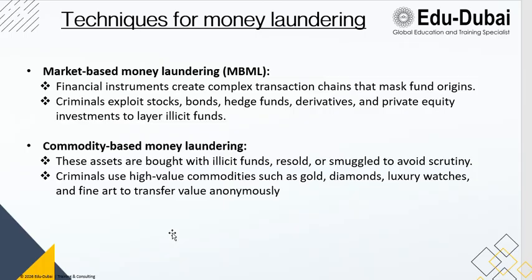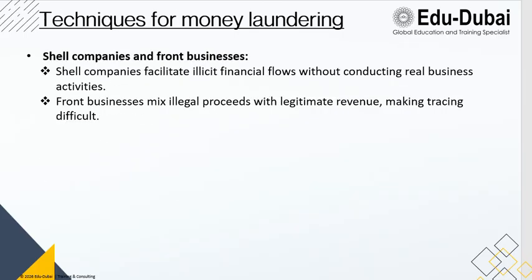When it comes to commodity-based, we are using actual items: buying gold, diamonds, luxury watches and fine art. You have seen that in some cases luxury items are bid for, and items whose actual worth may be very little are sold at a huge price. Such things come under commodity-based money laundering.